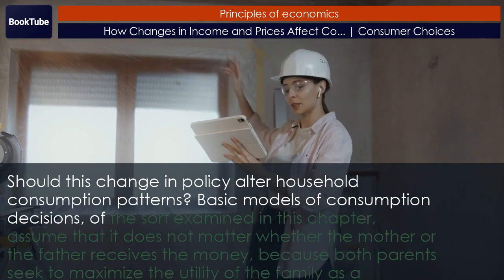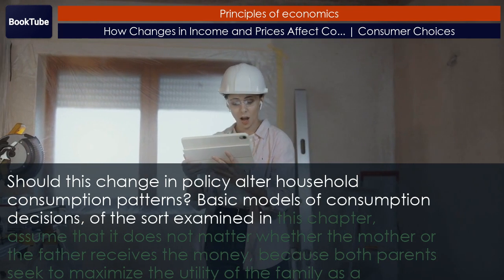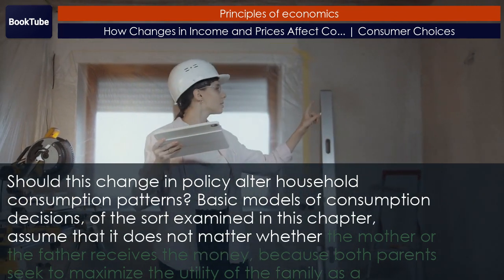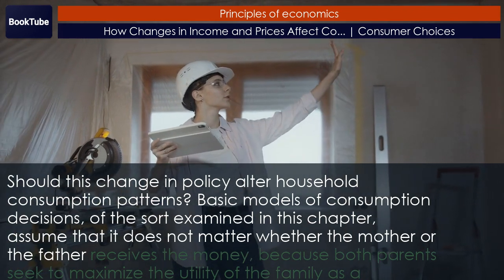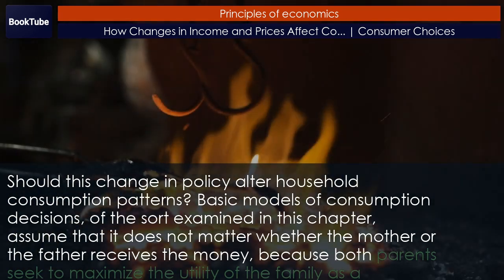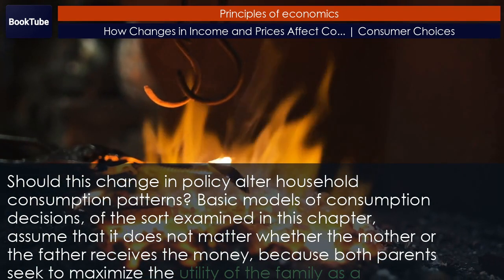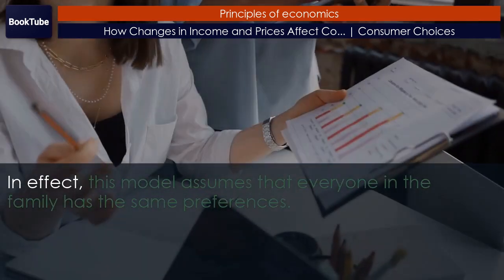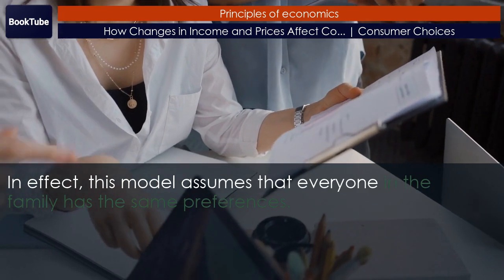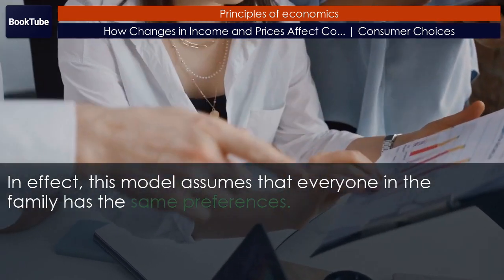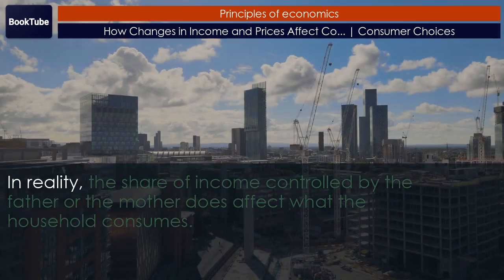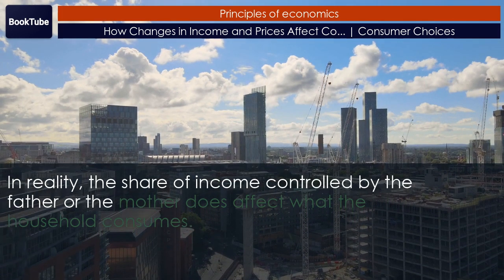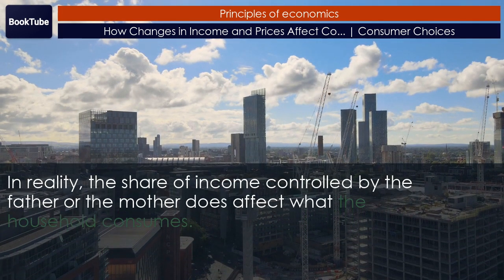Basic models of consumption decisions, of the sort examined in this chapter, assume that it does not matter whether the mother or the father receives the money, because both parents seek to maximize the utility of the family as a whole. In effect, this model assumes that everyone in the family has the same preferences. In reality, the share of income controlled by the father or the mother does affect what the household consumes.